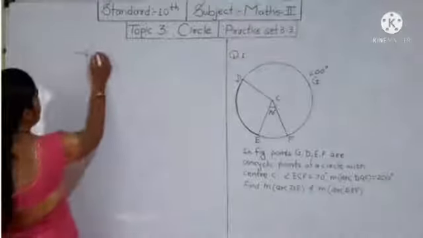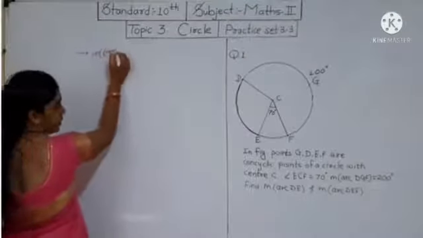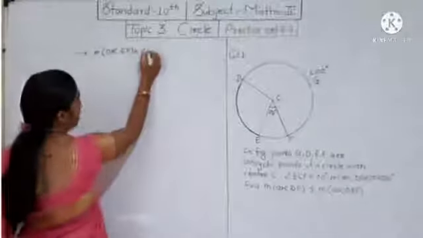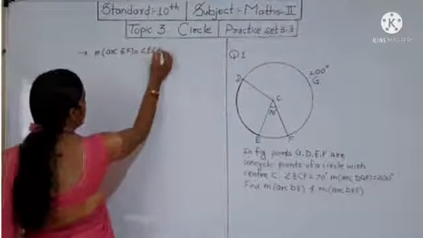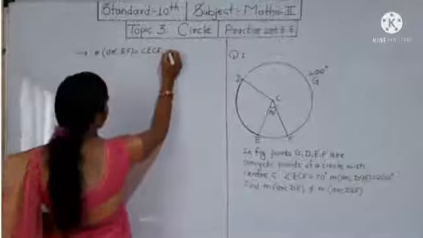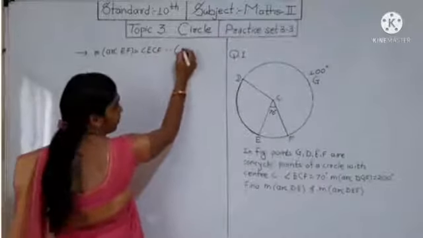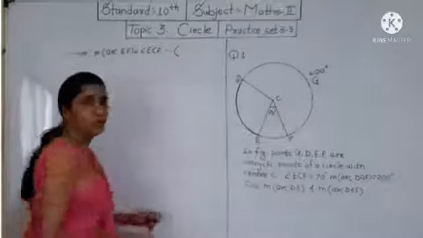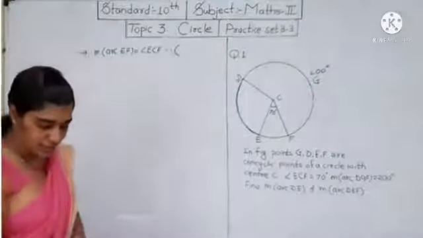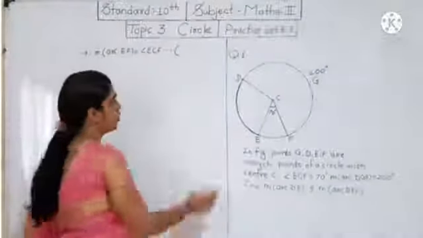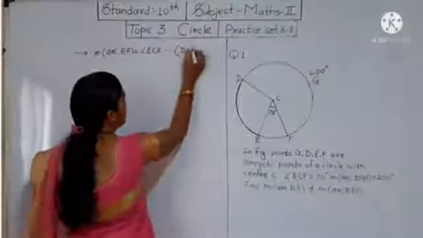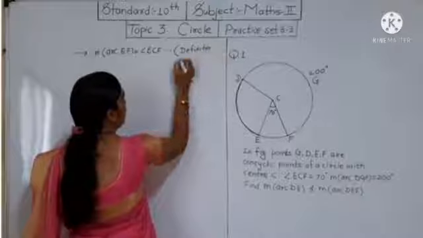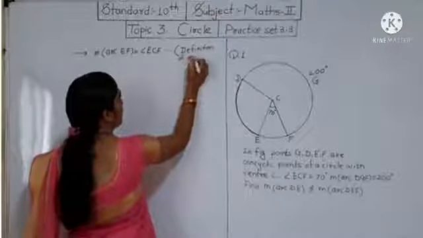See, major arc EF is equal to angle ECF, because minor arc is equal to corresponding central angle. Definition of measure of minor arc.